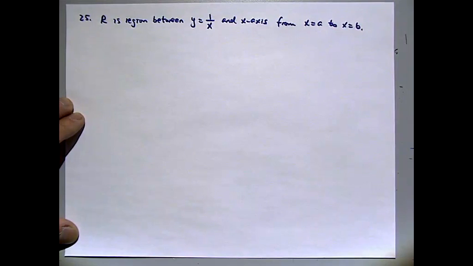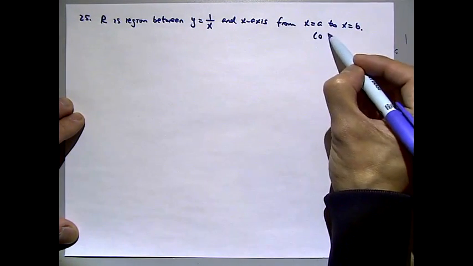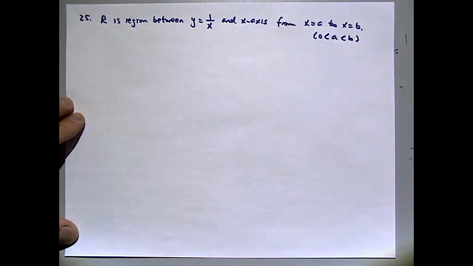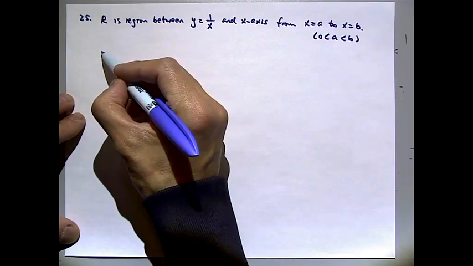And all that says is that b is bigger than a. If the vertical line x equal to c cuts R into two parts of equal area, then c is equal to?